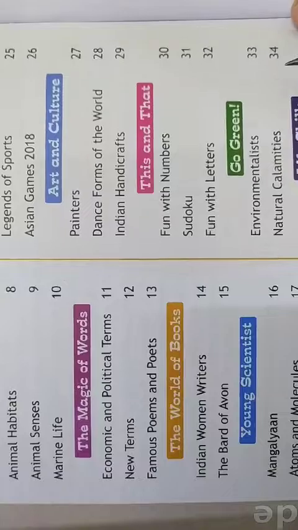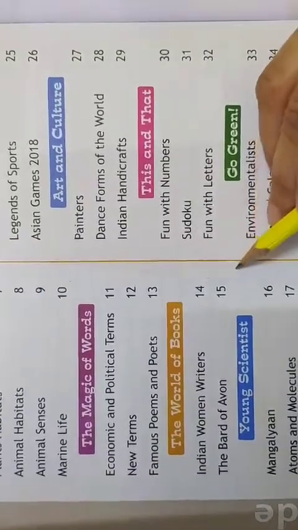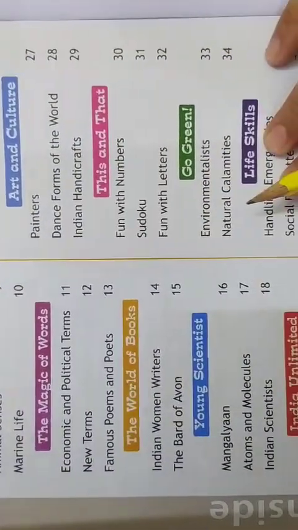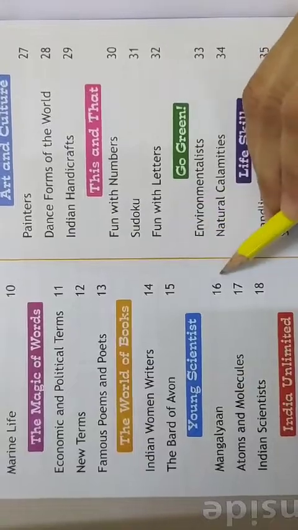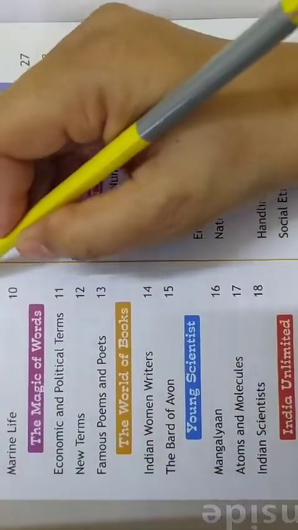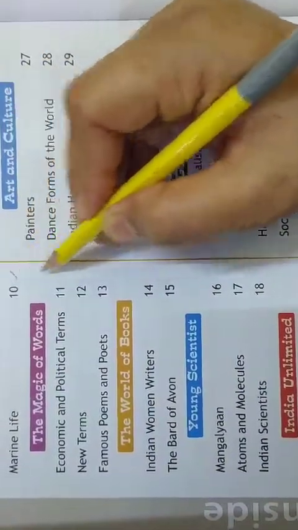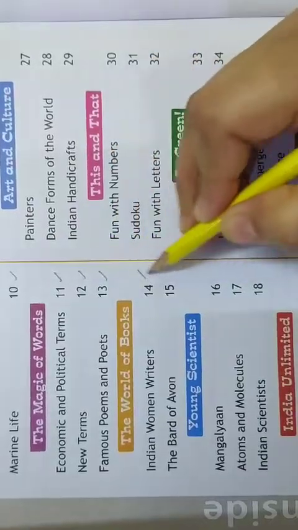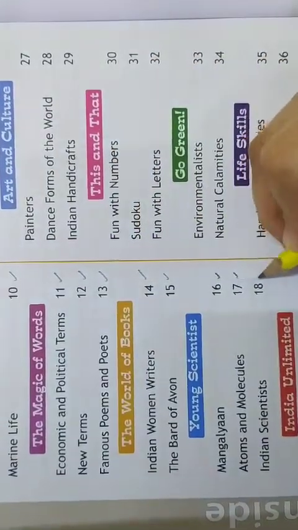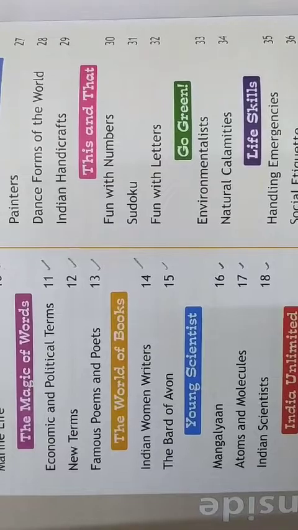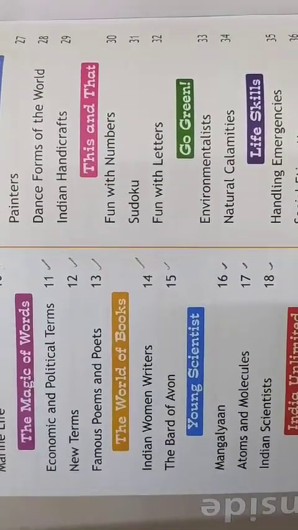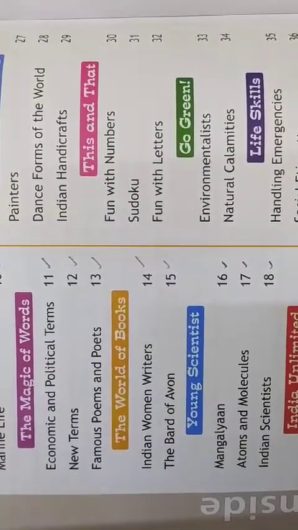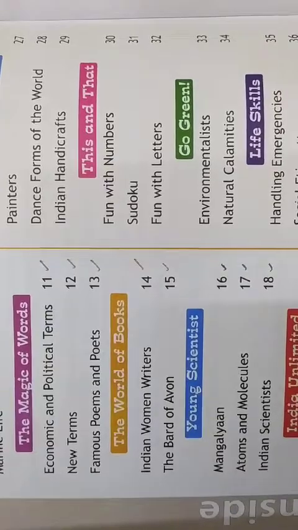Then The World of Books, page number 14, 15, and Young Scientists, page number 16, 17, 18. So that means we have to revise from page number 7 to page number 18, and there are 4 topics: the world around us, the magic of words, the world of books, and young scientists.